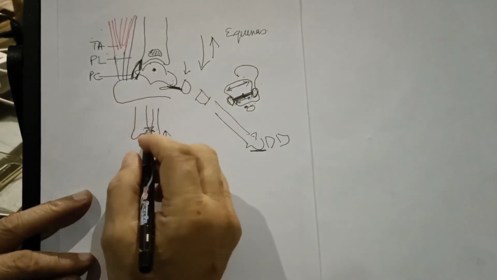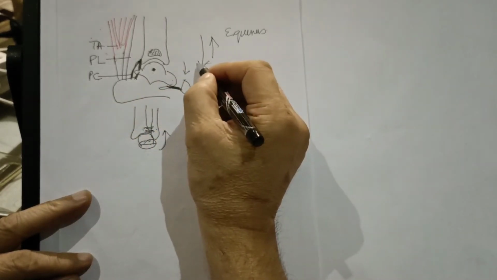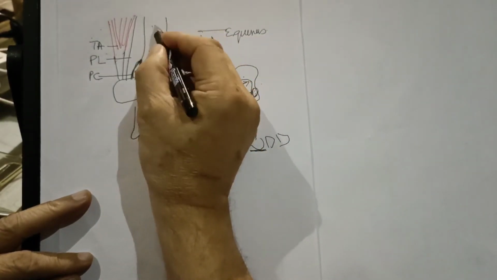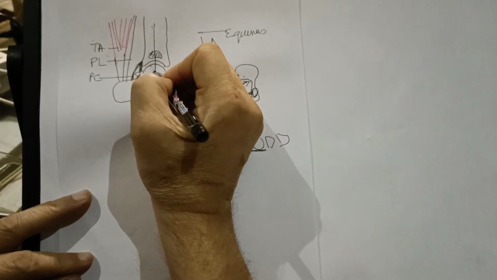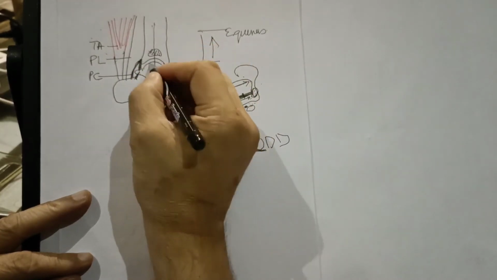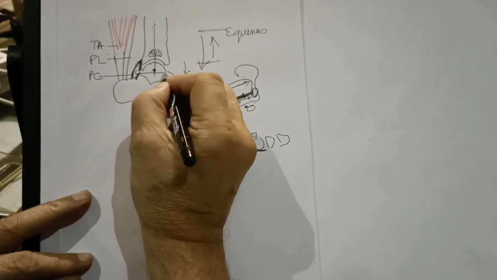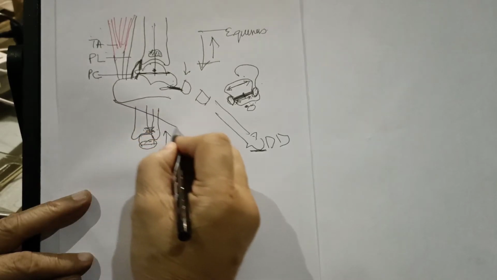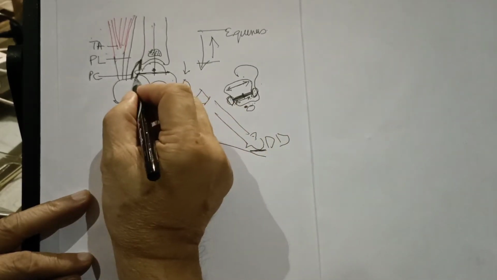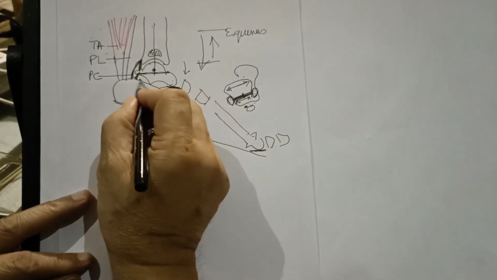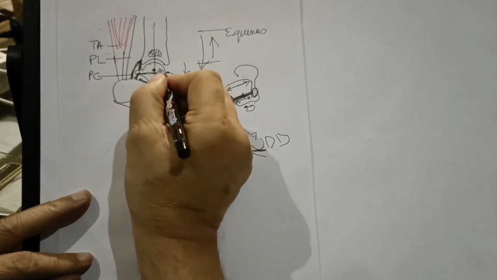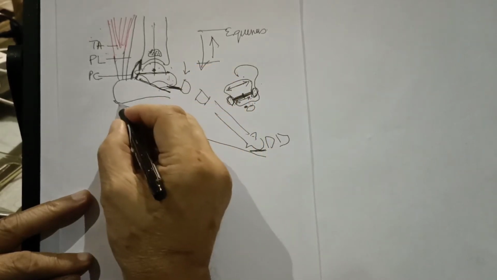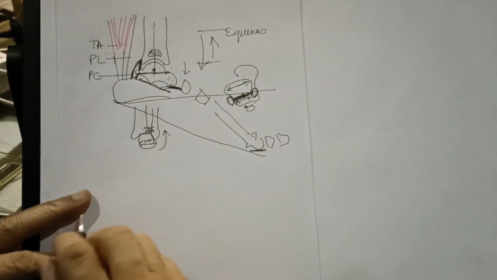Now one very important thing is that if it is a mature foot, then if this is the axis of the leg and you cut the lower surface of the talus perpendicular to this axis, and supposing this is the plane of the sole and you cut the upper surface of the calcaneum parallel to the sole, then with the talus, if you close this wedge, the foot will become plantigrade.